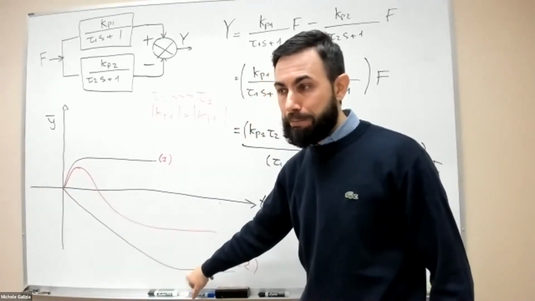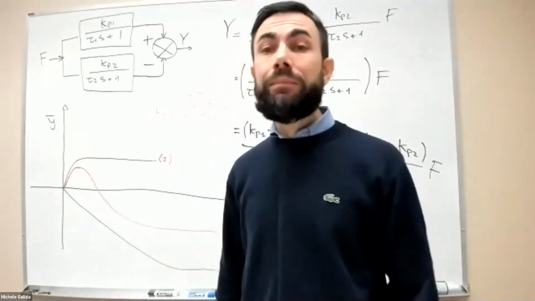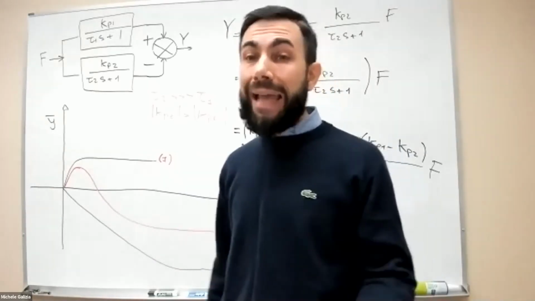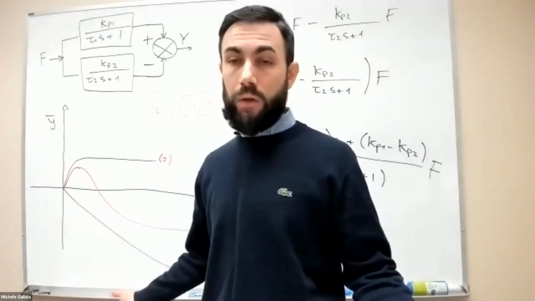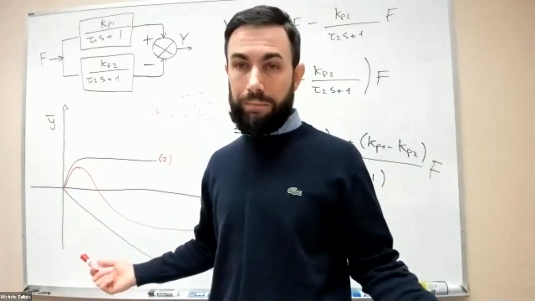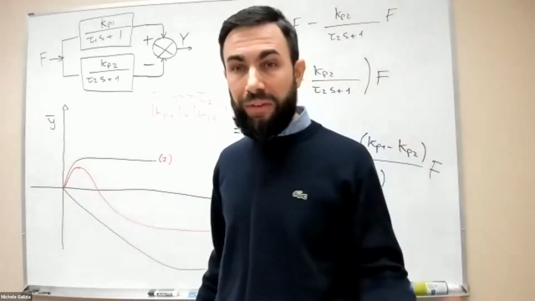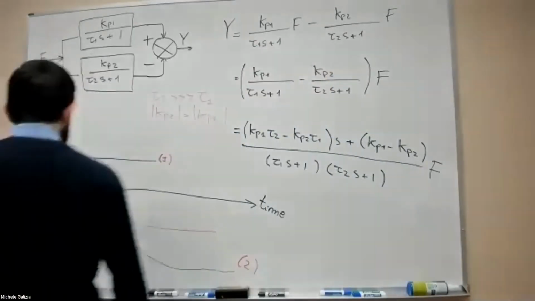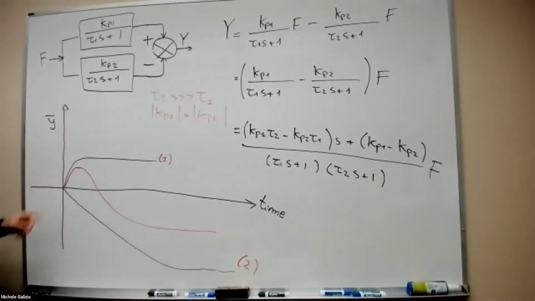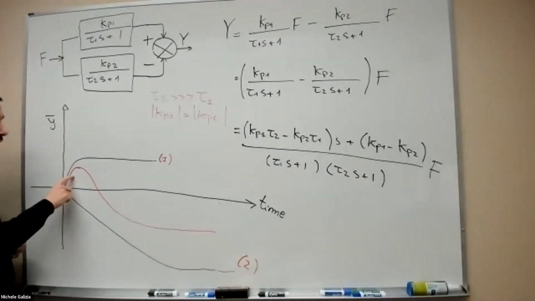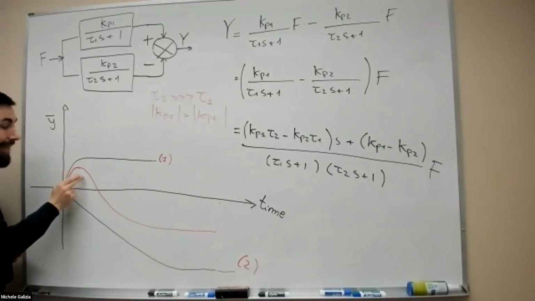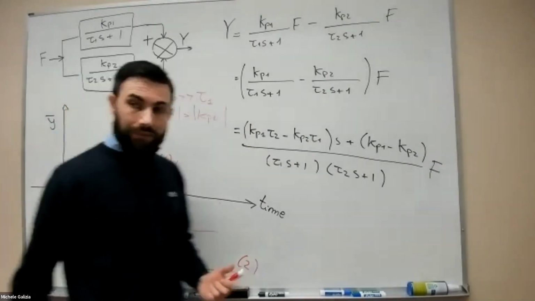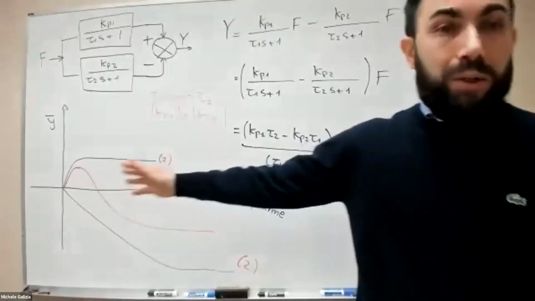Make sense? Yes. Okay, so when we have a situation like this, we say that the system exhibits reverse response or inverse response. What that means from a physical point of view, and we will make an example immediately, is that when you apply a disturbance, the response will first go in a certain direction, will be positive, and then it will turn negative and go in another direction.